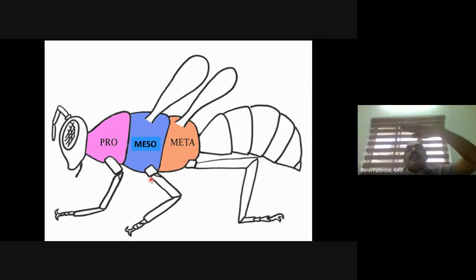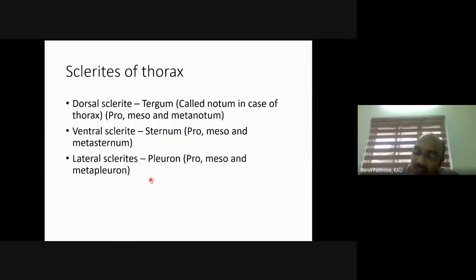So there will be a sclerite at the top, a hardened plate-like structure, a sclerite at the lateral side, and a sclerite at the ventral side. So this is how a body is normally organized, generally in the case of an insect body.